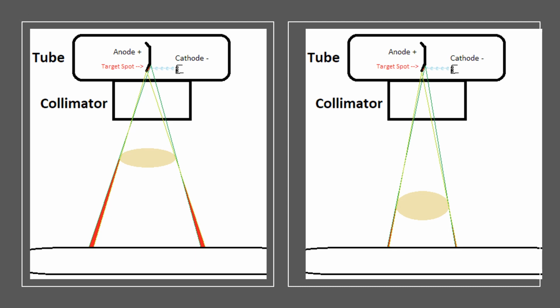As the penumbra is increased, the resolution of the image is decreased. Okay, so we can see here what we just talked about. The greater the OID, the greater the penumbra will be. So this is showing the penumbra here, this is the edge, and the many different angles that it can come out. The extreme angles are what's being shown here from the target spot.